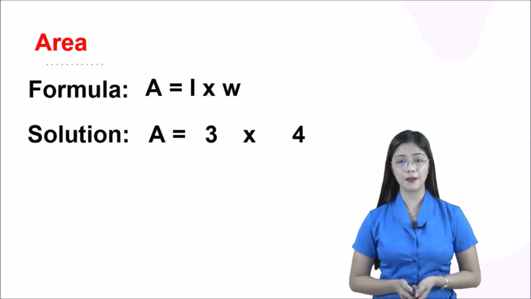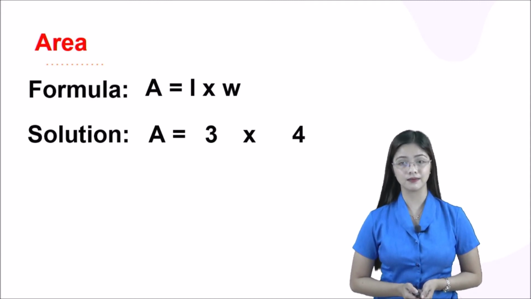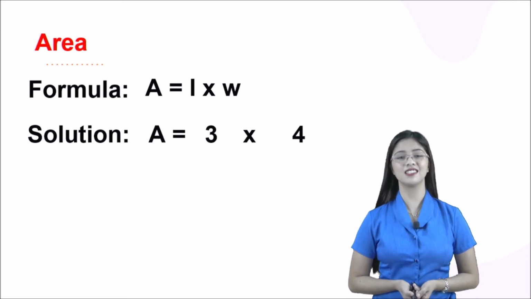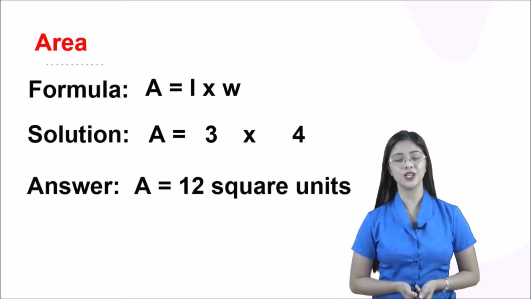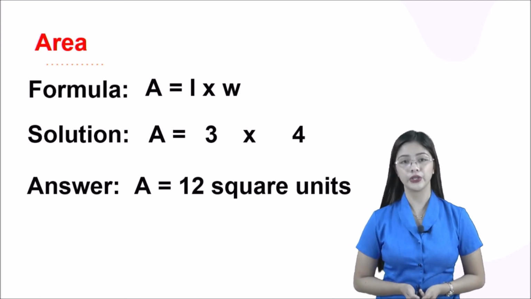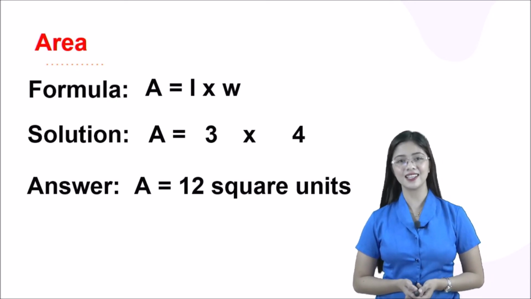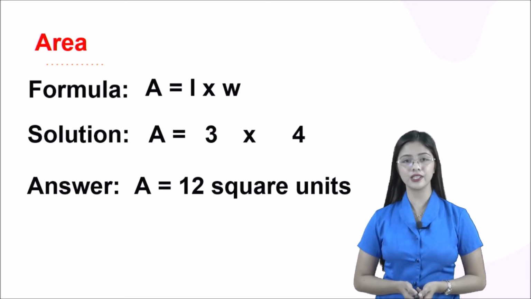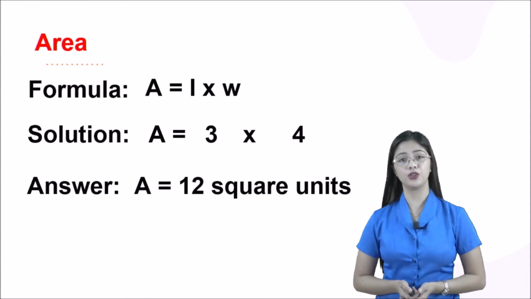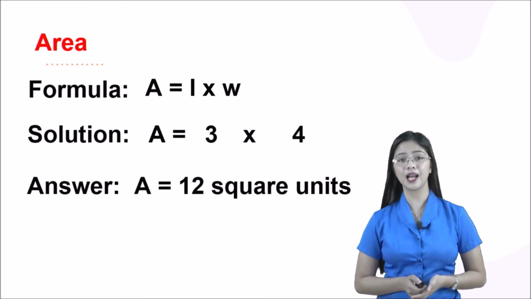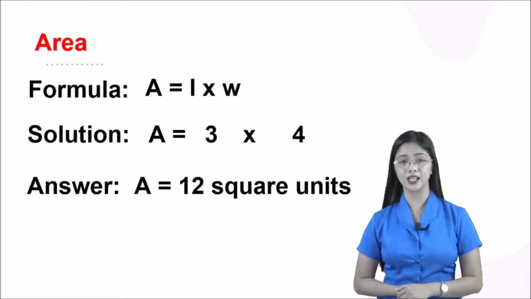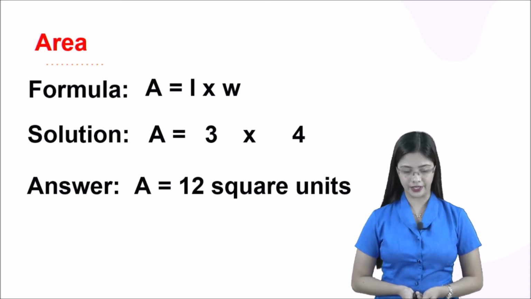So, 3 times 4, kids, is equal to what? Very good, kids. 3 times 4 is equal to 12 square units. And as you can see, kids, it is easier than counting one by one. You just simply multiply the length and the width of the squares.